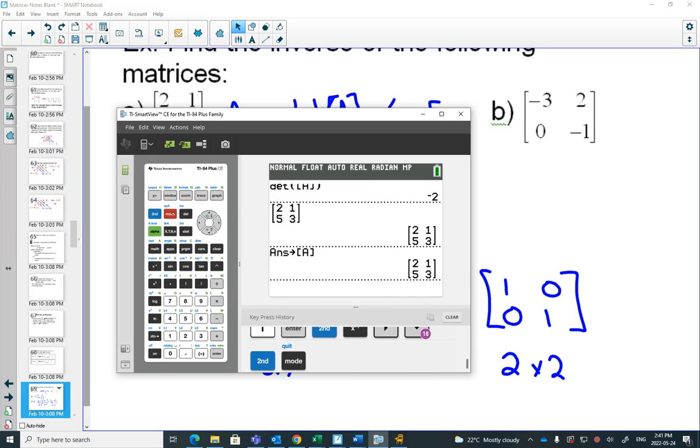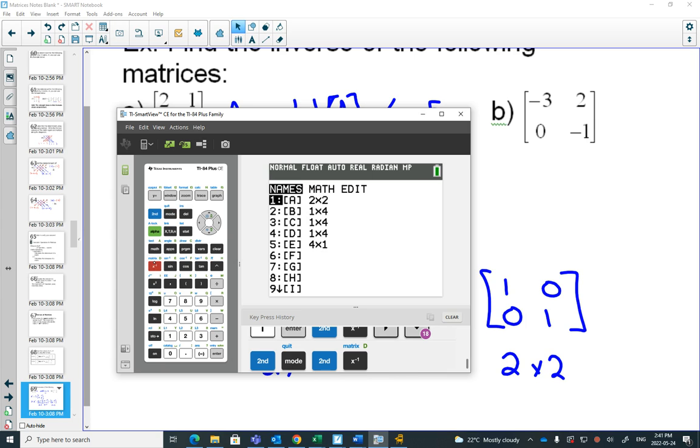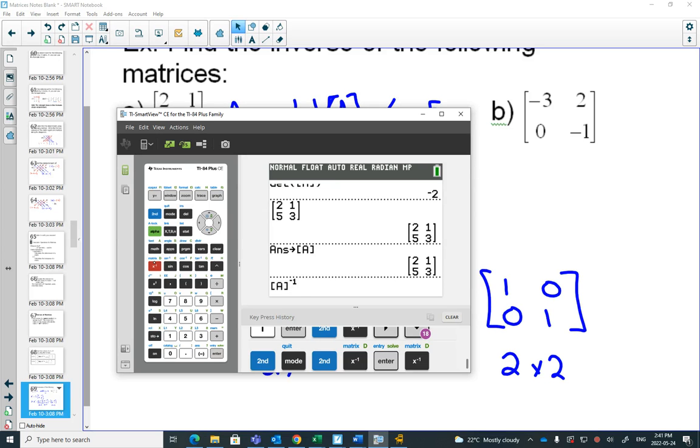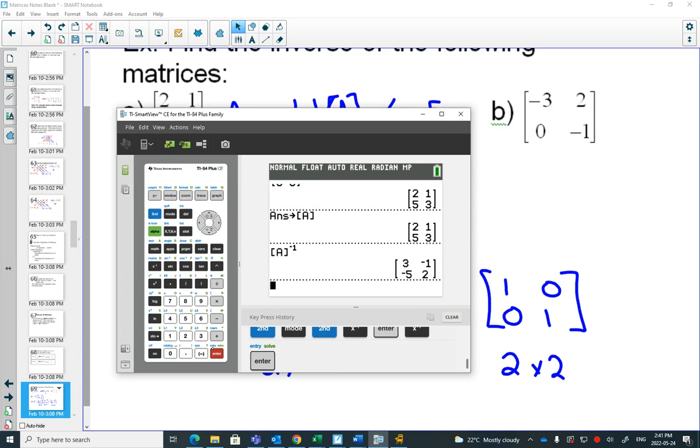However, on your calculator, there's this little x to the minus 1 button. See if that works. And it does. Very nice.